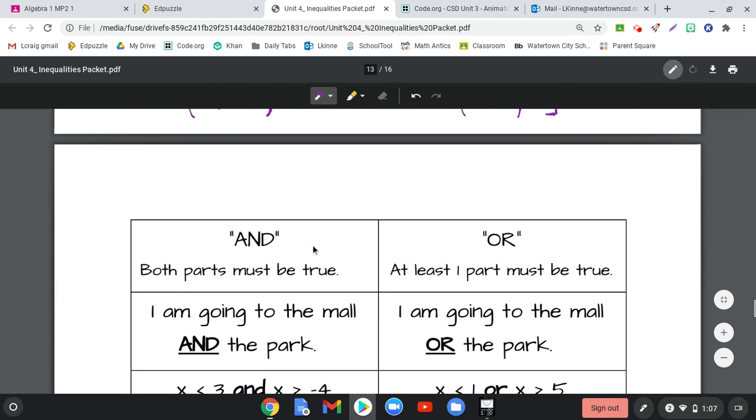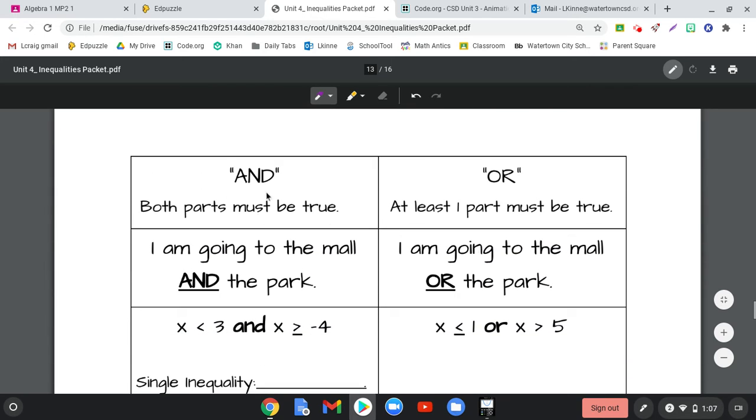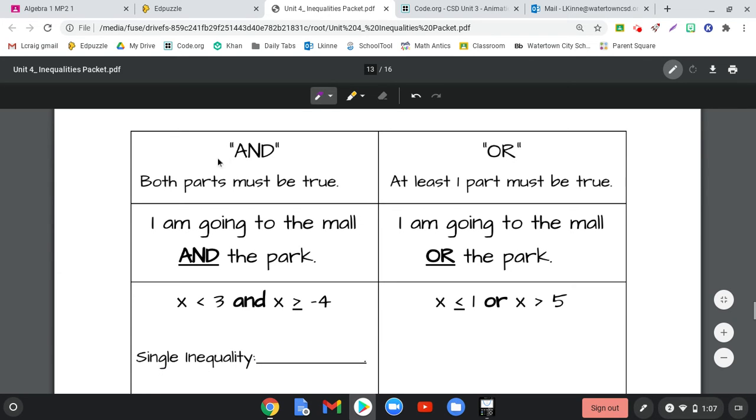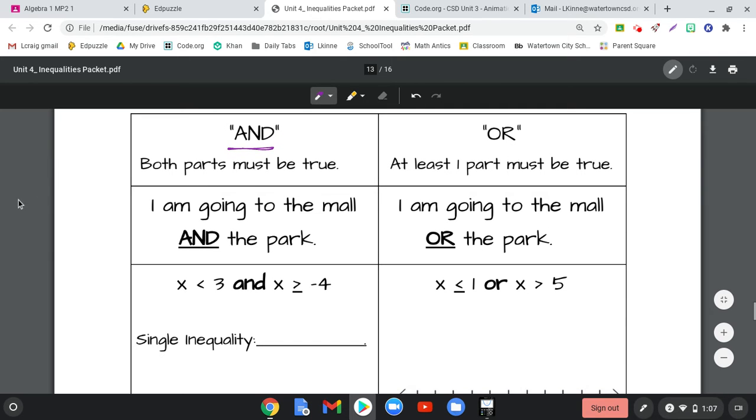All right, so we talked a little bit in the last lesson, that last question about and versus or. If it's and, if the x is in between, which we'll look at in just a minute, both parts must be true. So it has to fit both descriptions. If it's or, at least one part must be true.